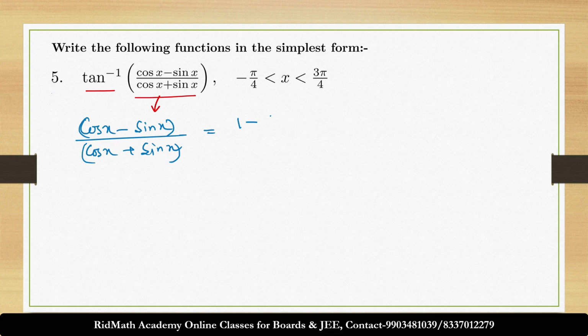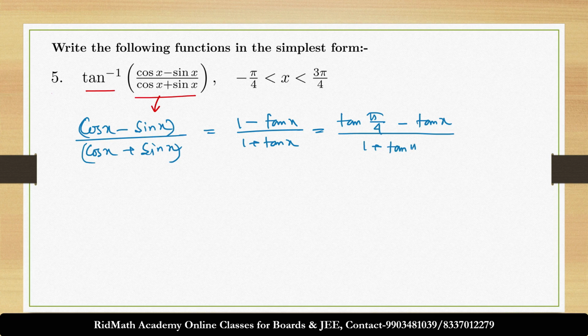So that means 1 minus tan x divided by 1 plus tan x, and writing 1 as tan pi by 4, tan pi by 4 minus tan x divided by 1 plus tan pi by 4 into tan x, because you know tan pi by 4 is 1.